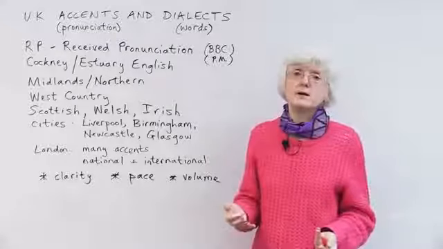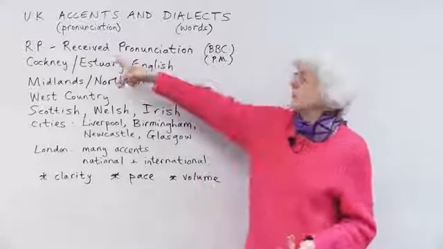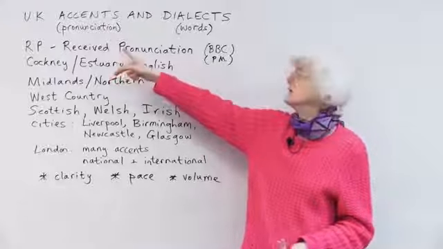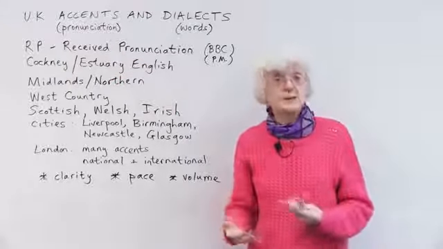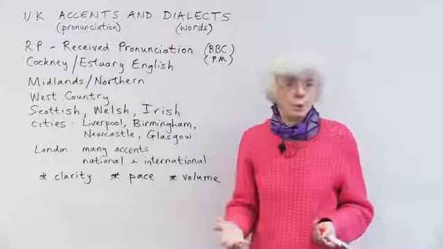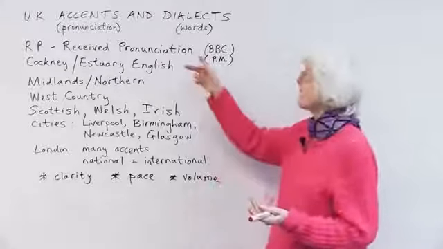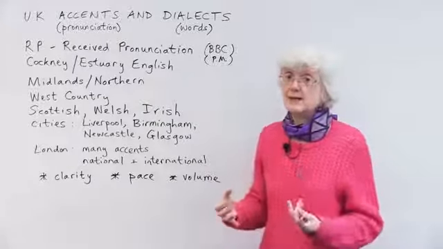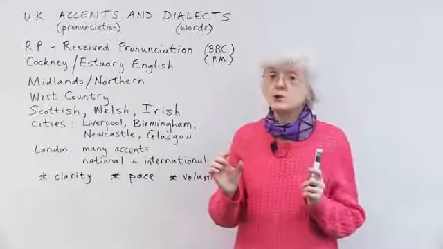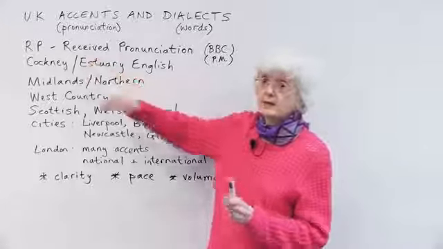Not everybody on the BBC speaks with an RP accent. The newsreaders tend to be RP speakers, but not always. But the strange thing is that in this country, only a very small percentage of people do speak with this accent.